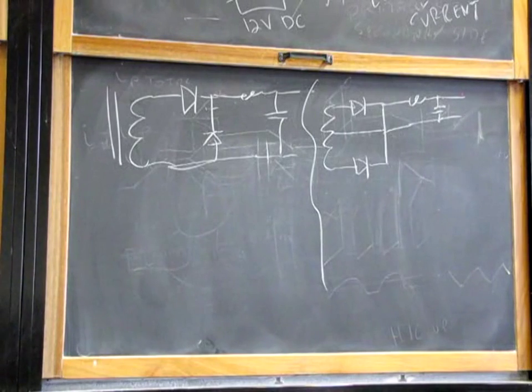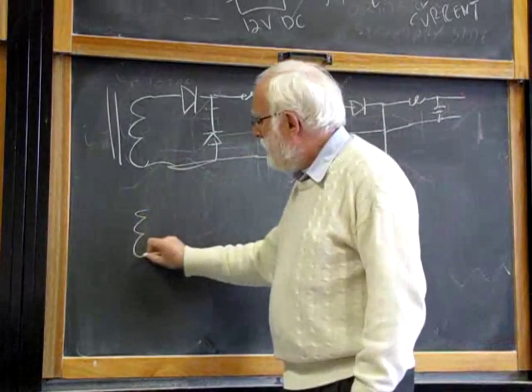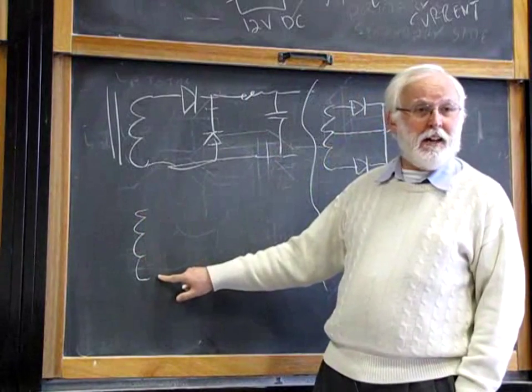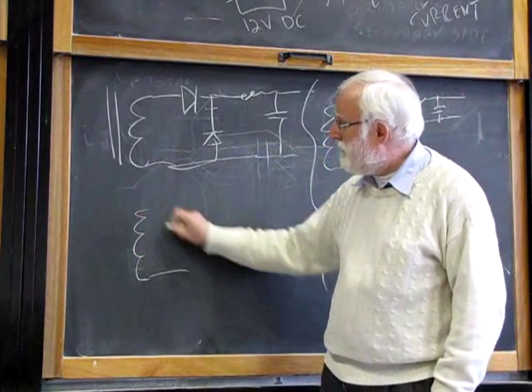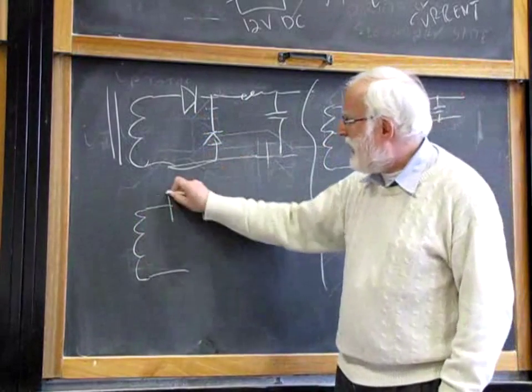Here the story is slightly more complicated because if we want a second output from a forward converter, yes, we have, as expected, to add a secondary winding. Then we need to add two diodes, ouch, okay.